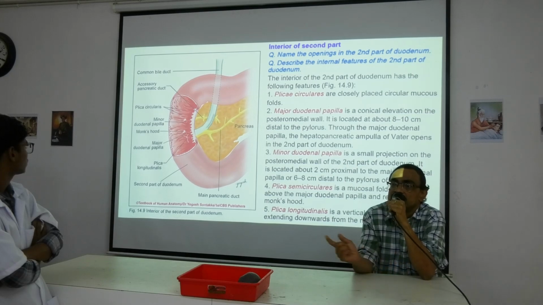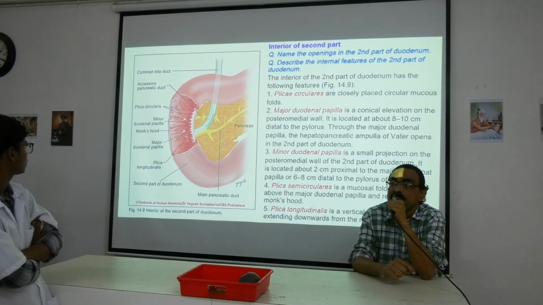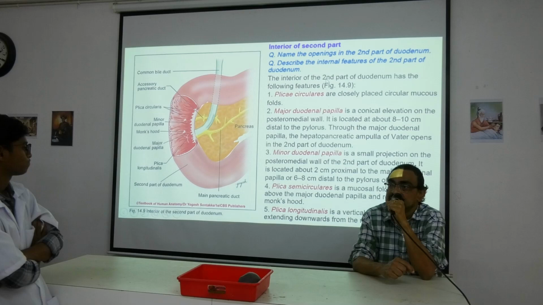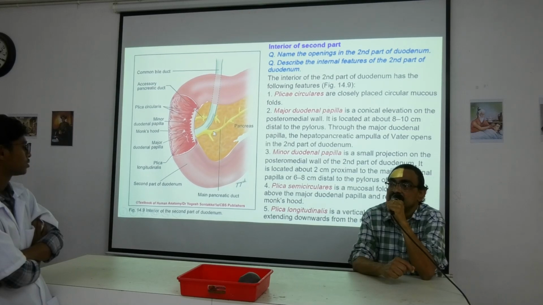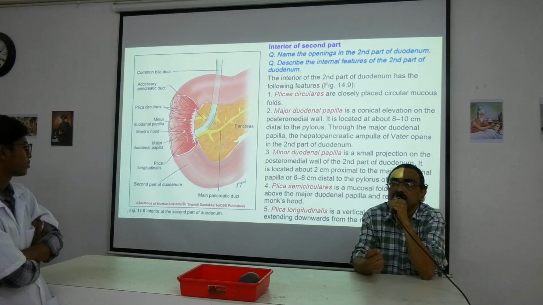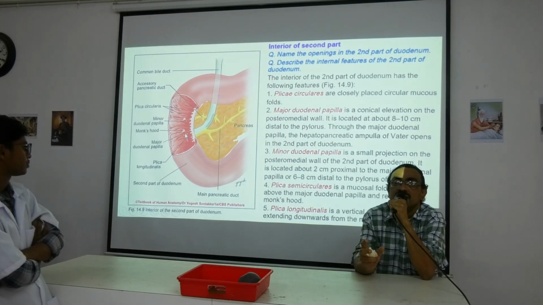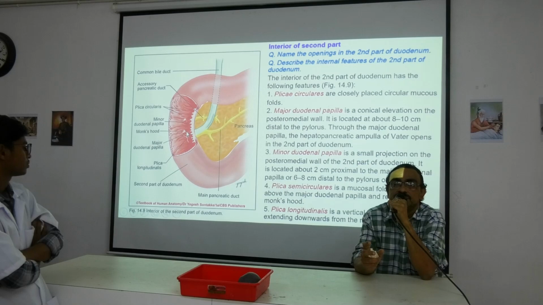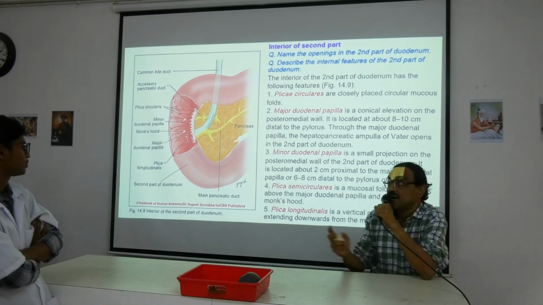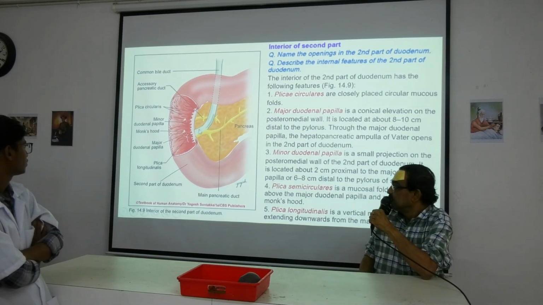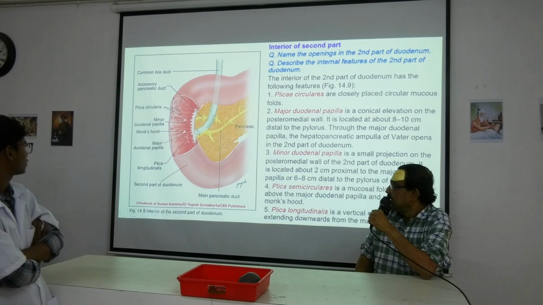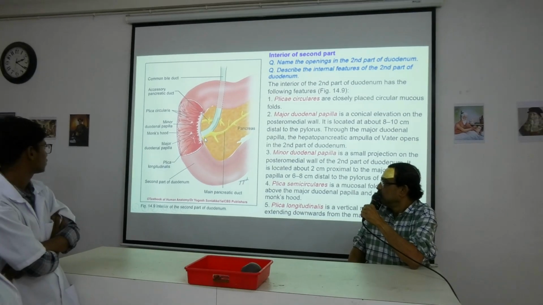duct or bile duct joins with the pancreatic duct, and they form a common pathway, a common channel for opening in the second part of the duodenum, which is called the ampulla of Vater. This is the ampulla of Vater, which opens.